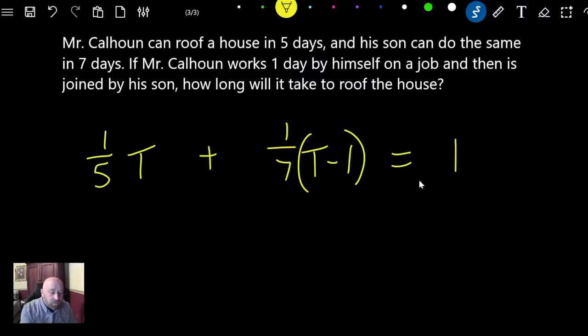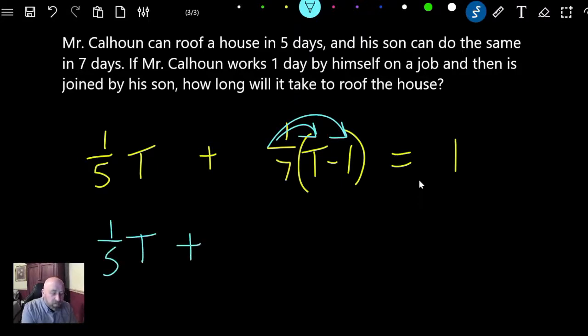And we'll just add that together. Okay? And I think what I would do here is distribute this 1/7 in here. You can do it a number of different ways, but I would get 1/5 t plus 1/7 t minus 1/7 equals 1.